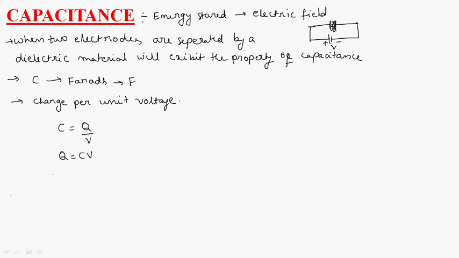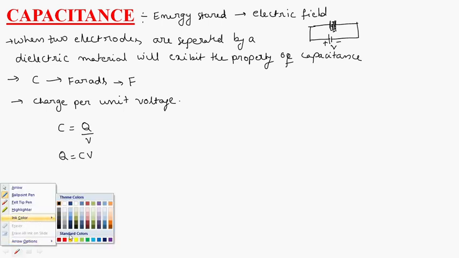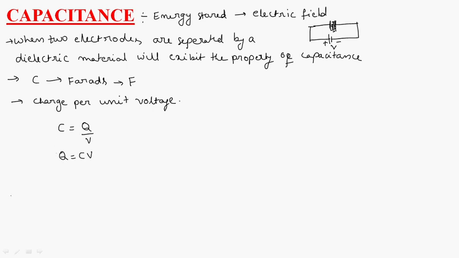On differentiating both sides of this equation with respect to time, what happens? We get dq by dt equals d(CV) by dt. What is dq by dt?